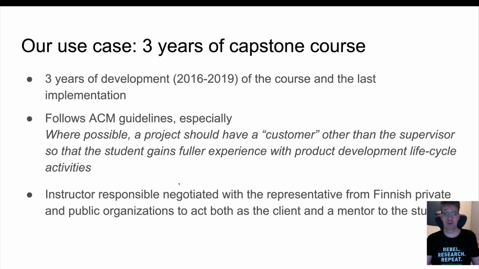It aims to follow the ACM guidelines, especially the sentence that states that wherever possible a project should have a customer other than supervisor. So in this last implementation of the capstone course, the course instructor, me, negotiated with different representatives from Finnish private and public organizations to act as the customers for the project and at the same time mentors to the students.